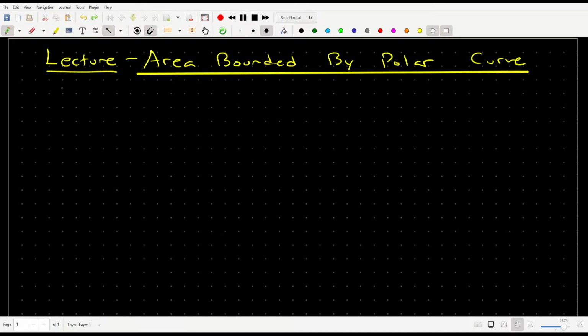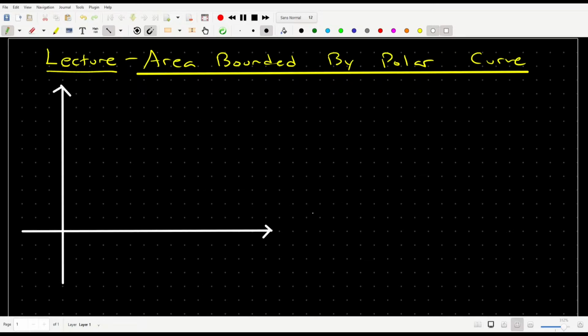We're going to consider a polar curve, which you'll remember is just a parametric curve where the radius is a function of the angle theta. So the curve is just parameterized by theta.